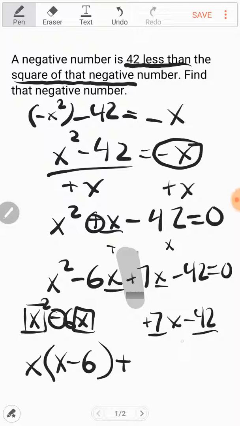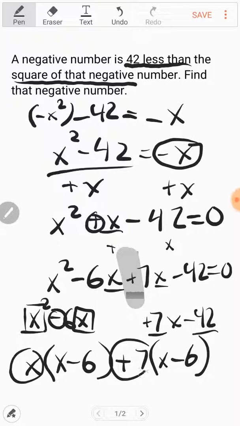Here you could take out that 7, and then you're left with x, bring down the minus, and 42 divided by 7 is 6. So now you can combine these two terms, and you get x plus 7 times x minus 6, right?